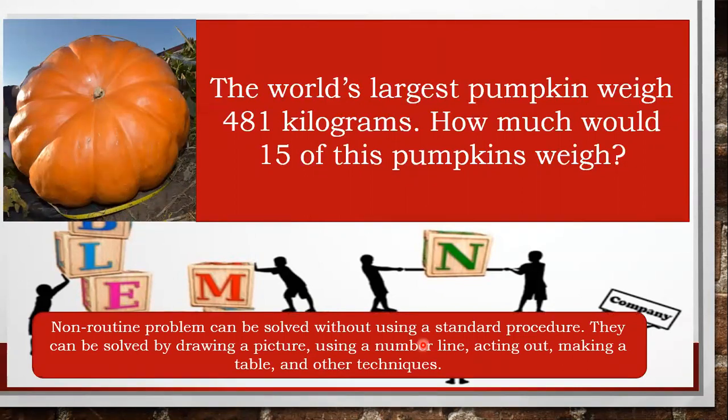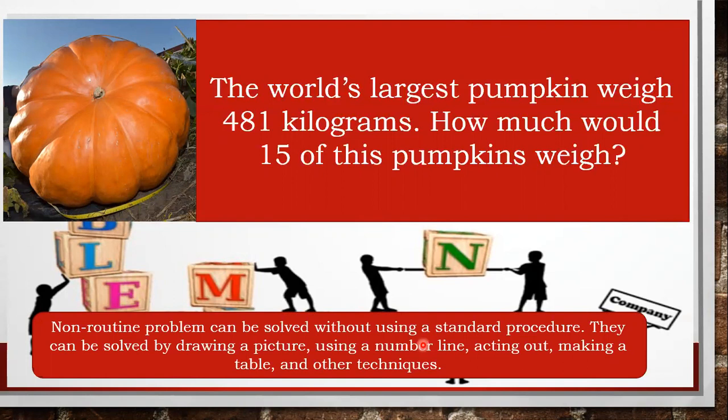So even if we do not use the steps in solving a problem, we can solve this problem by using a drawing, a picture, a number line, or by acting out, making a table, and other techniques.